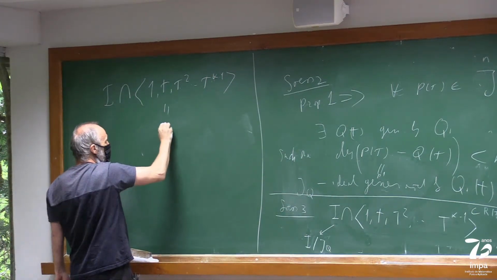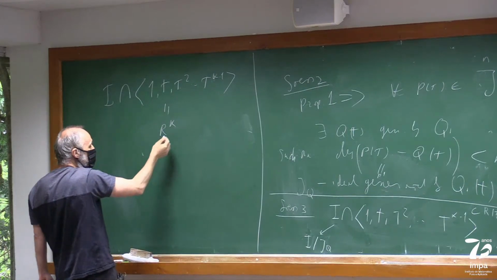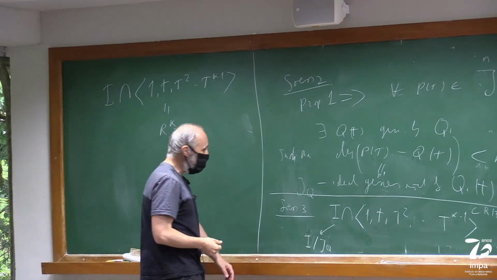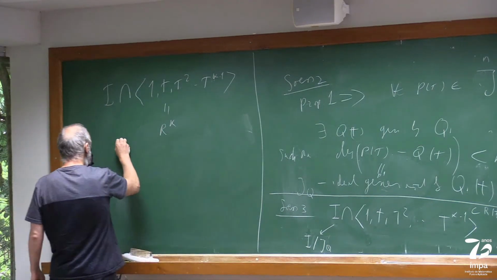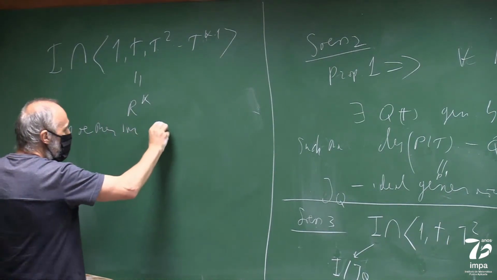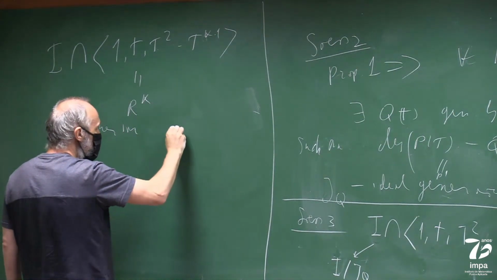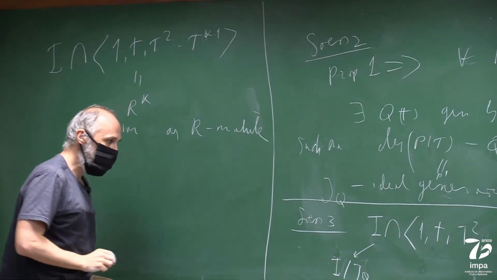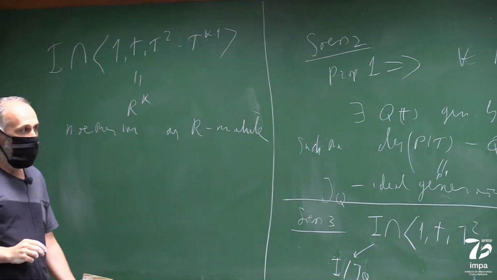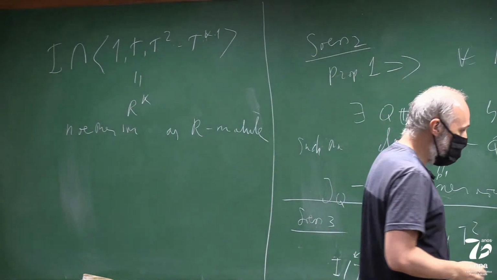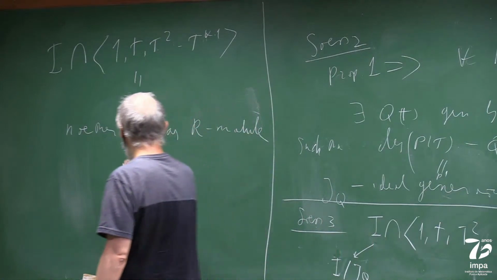This is R to the power k. This intersection is a submodule of a Noetherian module, R to the power k. This is Noetherian over R as a module. And every Noetherian module is finitely generated. Then it is finitely generated.